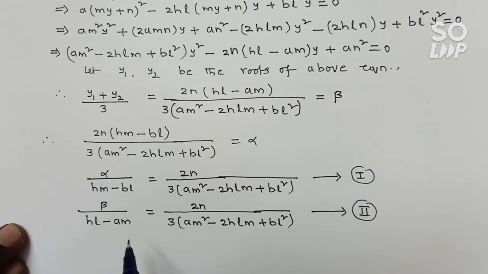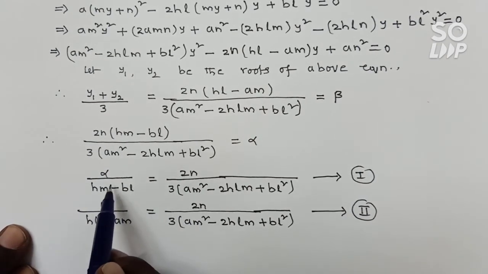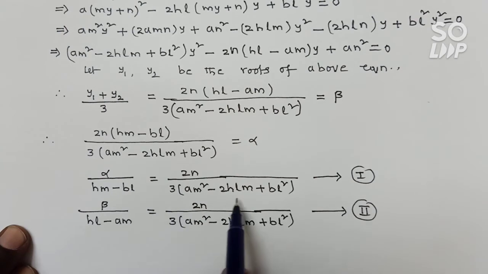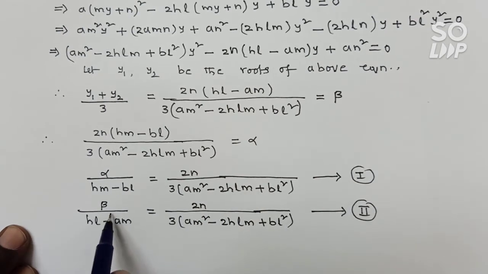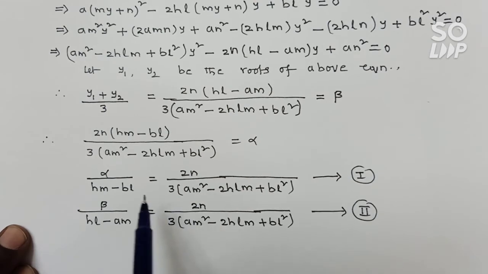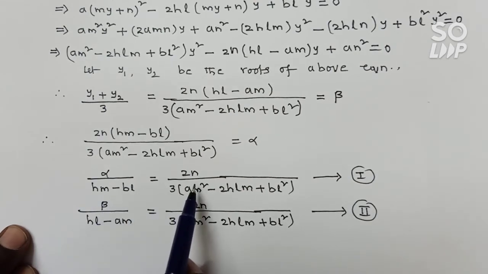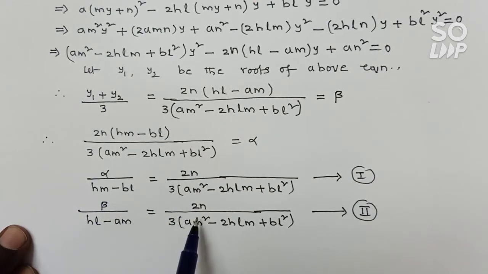Now here, this one is 2n by 3 into this value, and this one is also 2n by this value. So these are in the form a is equal to b and c is equal to b.